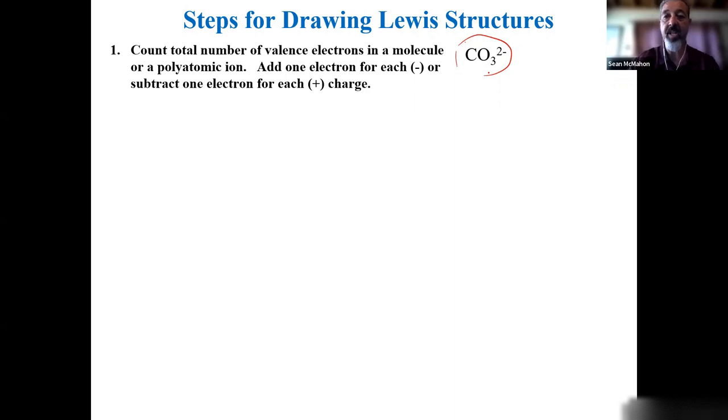Carbon has 4, there's 3 oxygens, each has 6, and then I have this 2 negative. Remember, for every negative, I'm going to add electrons, and for every positive I would subtract. So 2 negative, I'm going to add 2. That gives me a total of 4 plus 18 plus 2, a total of 24. So I did step 1.